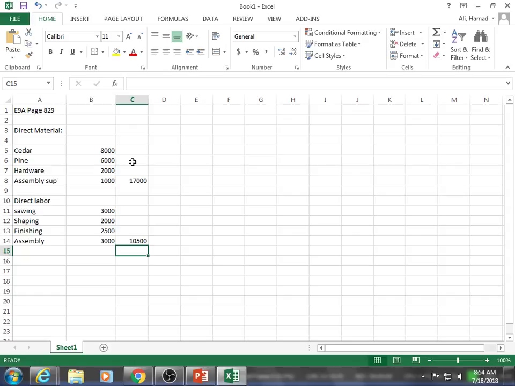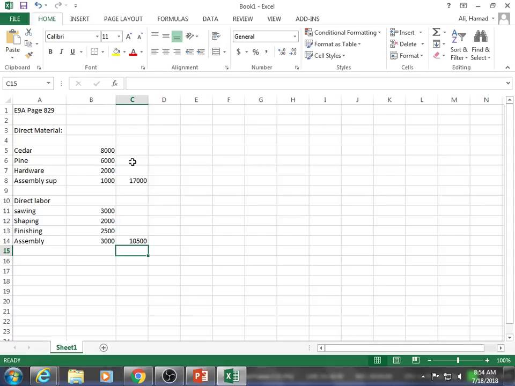Now let's see where the problem is: the overhead. They say its current predetermined overhead rate is $20 per machine hour. From the information given, prepare a job order cost card and compute the job order product unit cost.